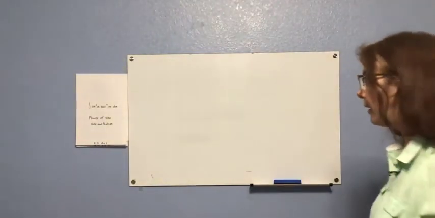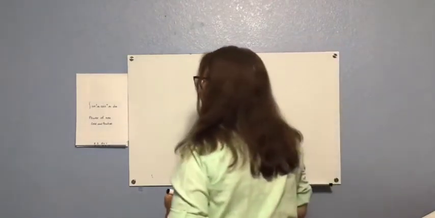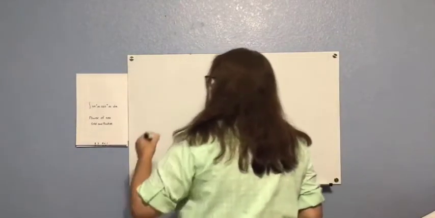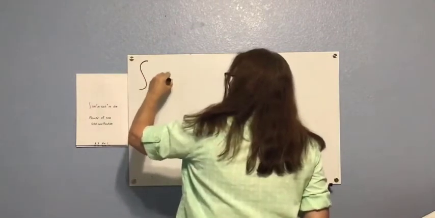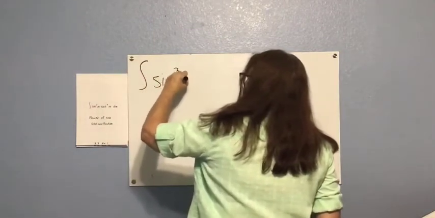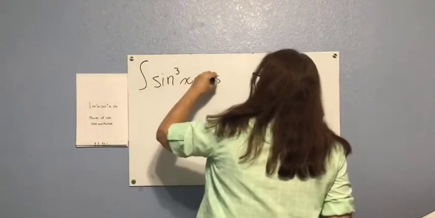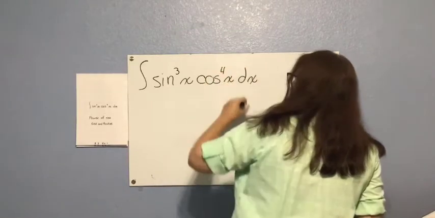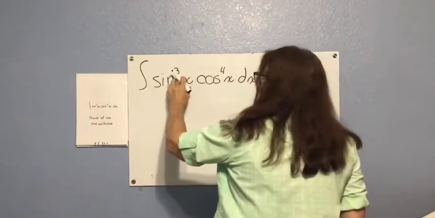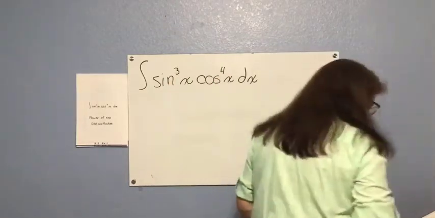Let's take a look at a problem where the power of sine is odd and positive. We can see here our power of sine is odd, power of cosine is even.